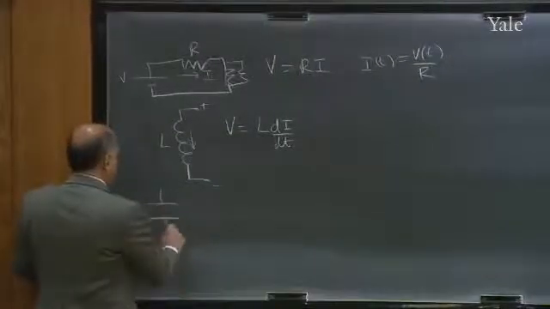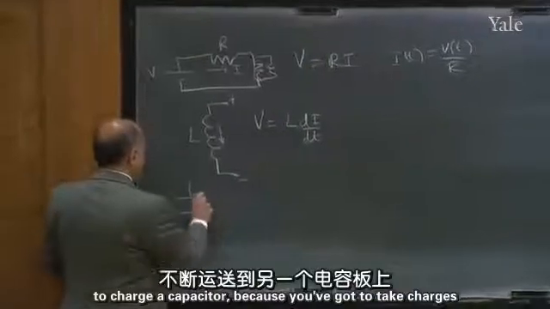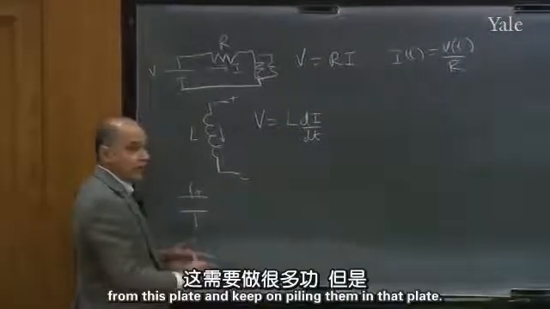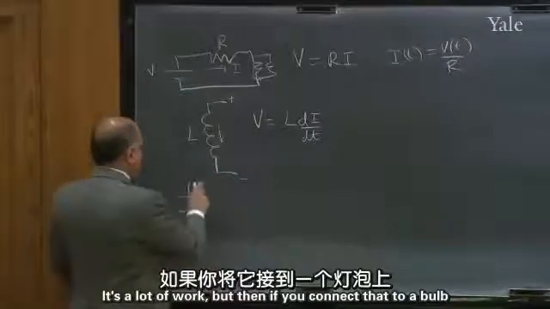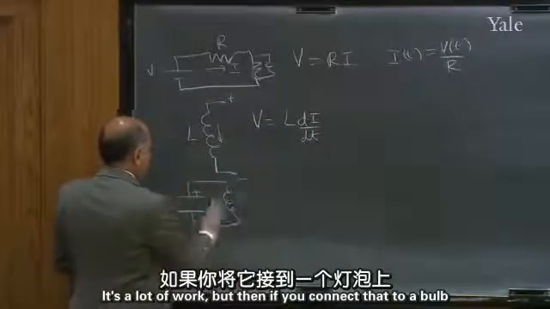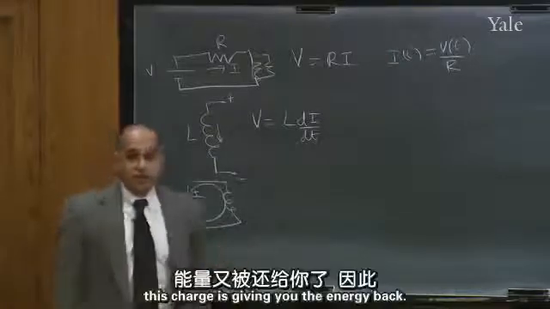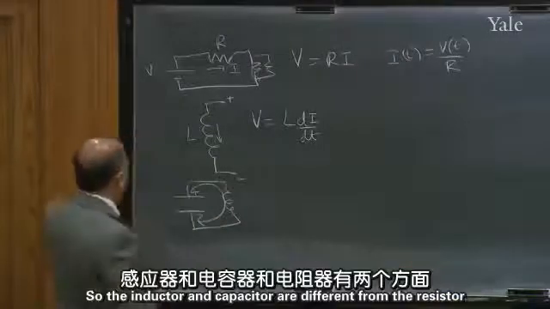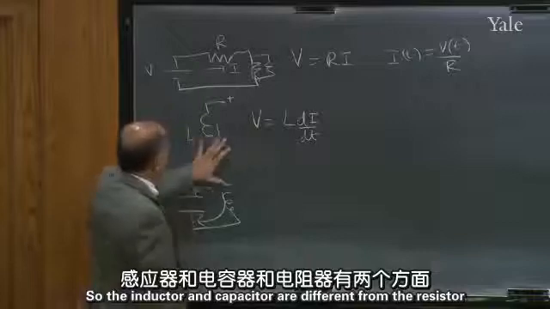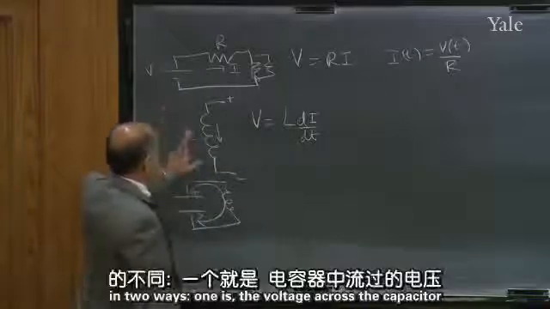It takes a lot of work to charge a capacitor, because you have to take charges from this plate and keep on piling them on that plate. It's a lot of work. But then if you connect it to a bulb and you squeeze the trigger in your camera, it discharges, giving you the energy back. So the inductor and capacitor are different from the resistor in two ways.